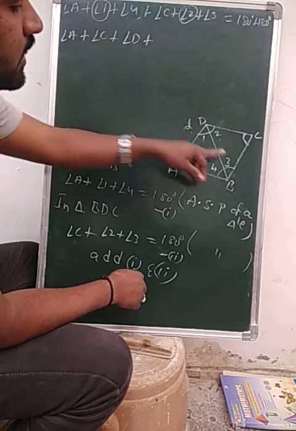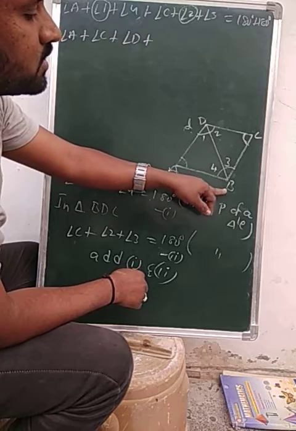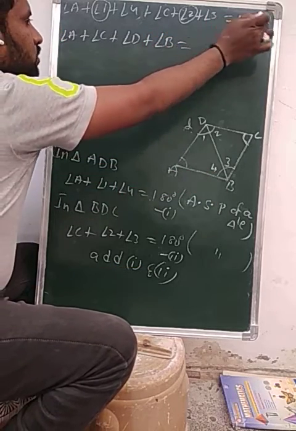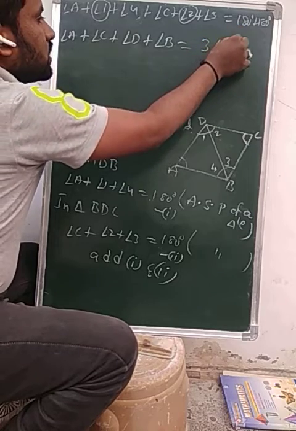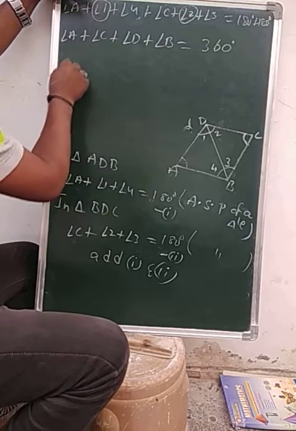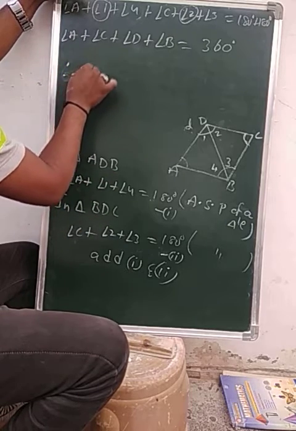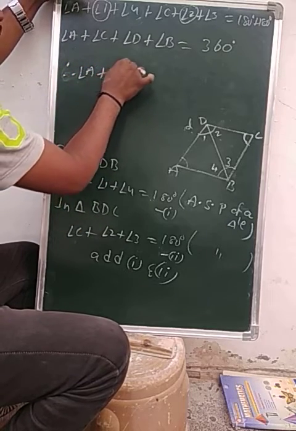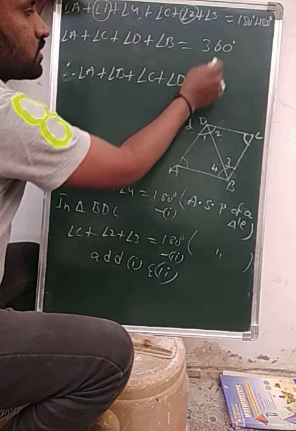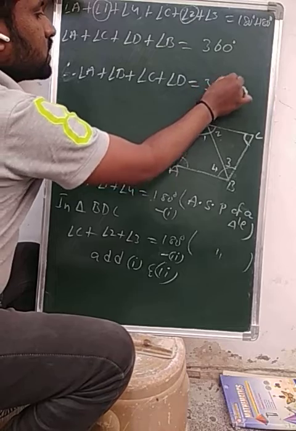Angle 3 and angle 4 together become angle B, is equal to 180 plus 180, that is 360. Now you write in proper order. Therefore angle A plus angle B plus angle C plus angle D is equal to 360 degrees.